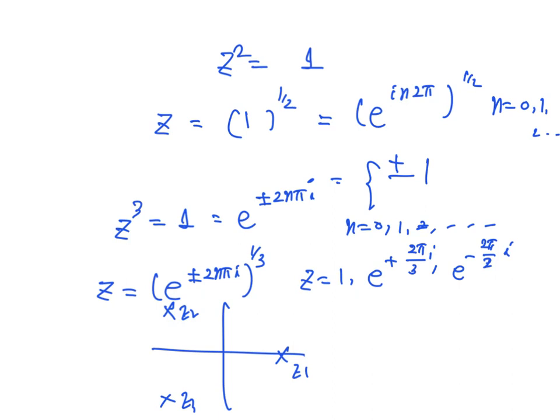So if you have a rational power of a number, you always have to worry that the function may be multivalued.